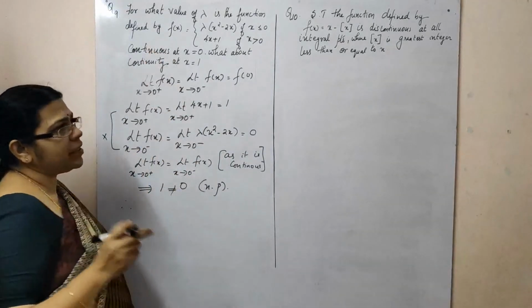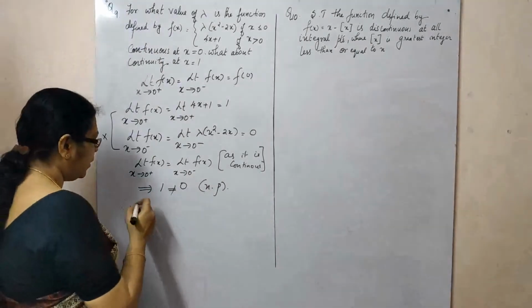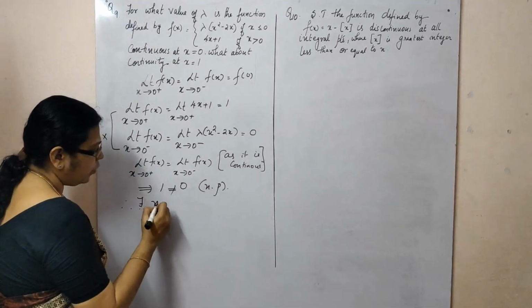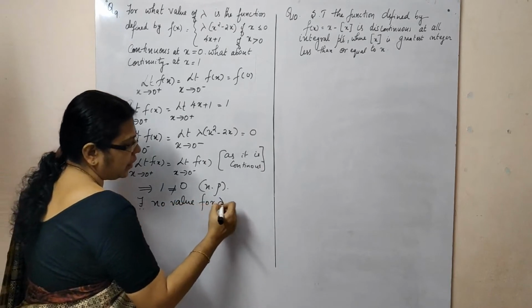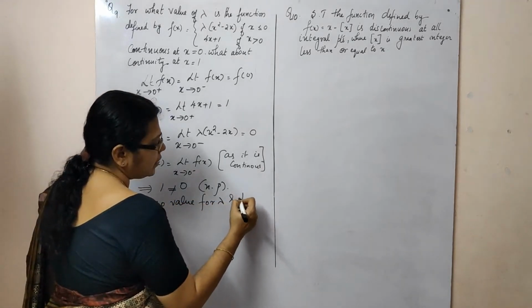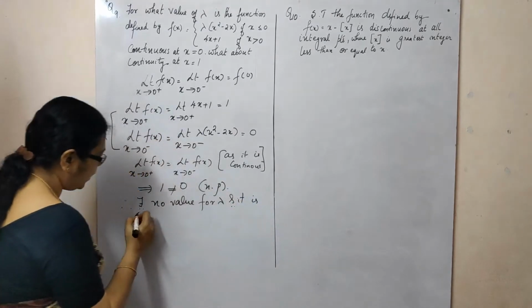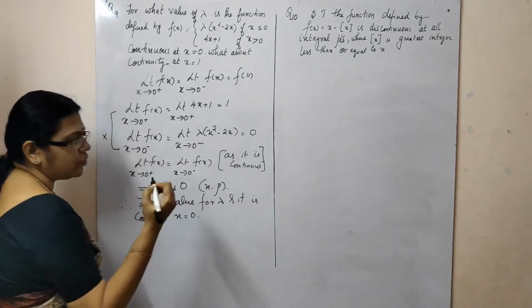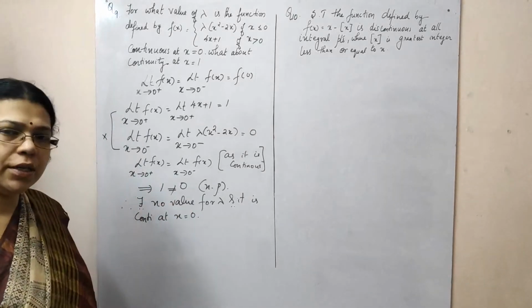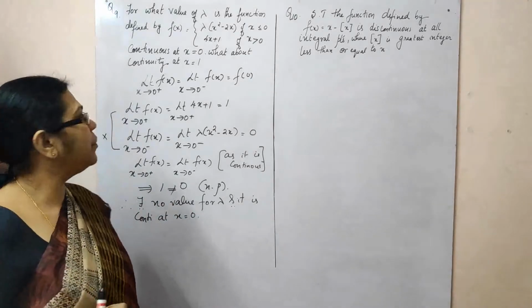It is asked in the question, for what value of lambda is it continuous at x is equal to 0. There exists no value of lambda such that it is continuous at x is equal to 0. That means the function is not continuous for any value of lambda.